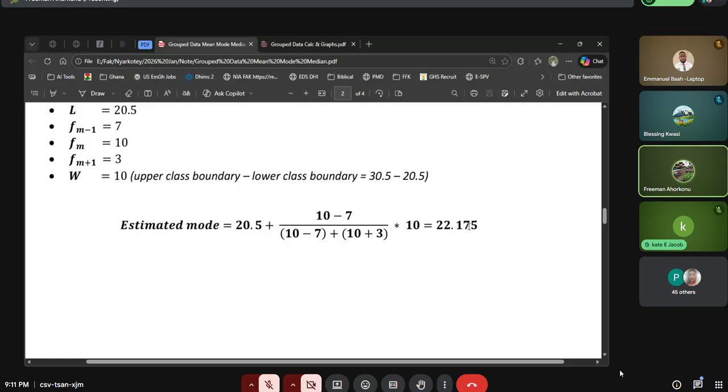But if the procedure is wrong, instead of 10 minus 7 you put 7 minus 10, or instead of 10 plus 3 you did 10 minus 3, all things being equal, there is no way you get the same answer. And if you manage to write something here and quote the correct answer for me, no mathematician will mark you right.